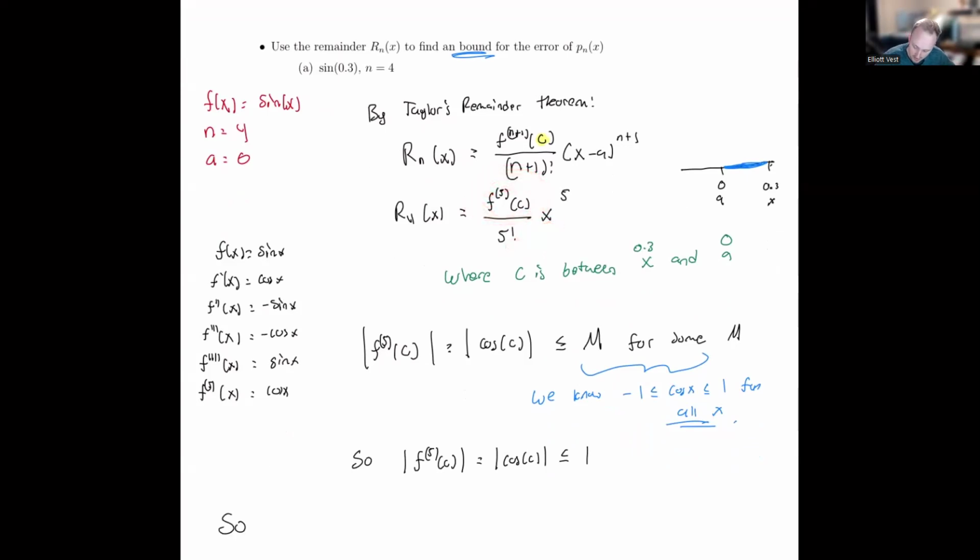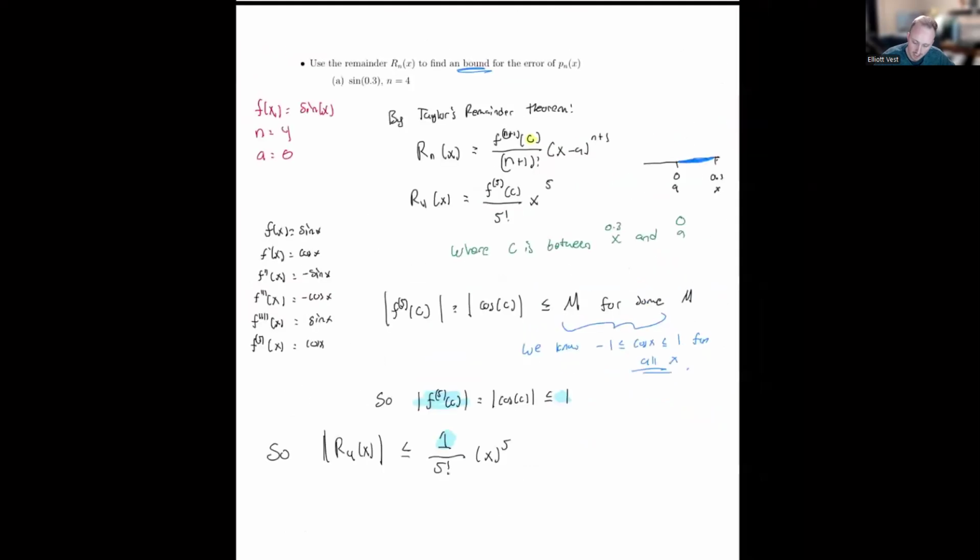I can say, so Rn, or R4 of x, absolute value, is less than or equal to 1. That is from this here, over 5 factorial times x to the fifth.